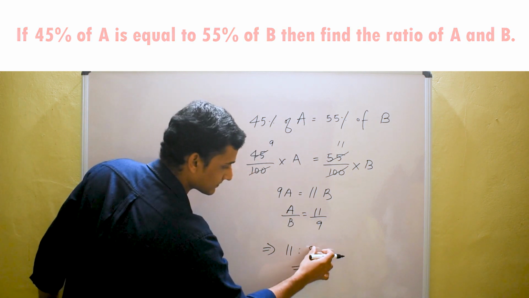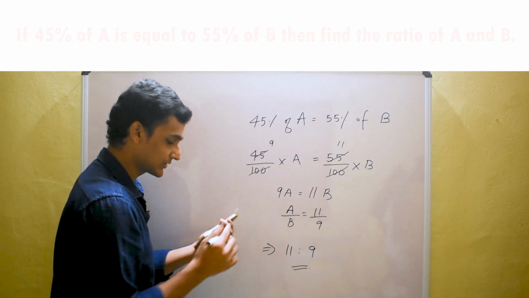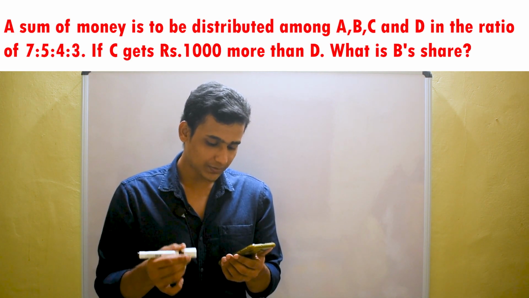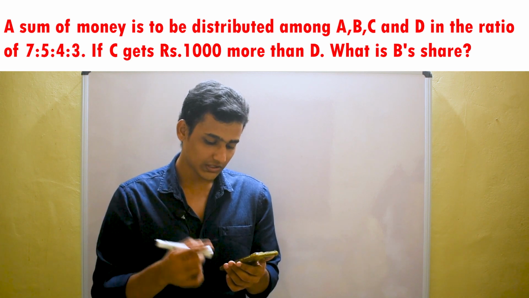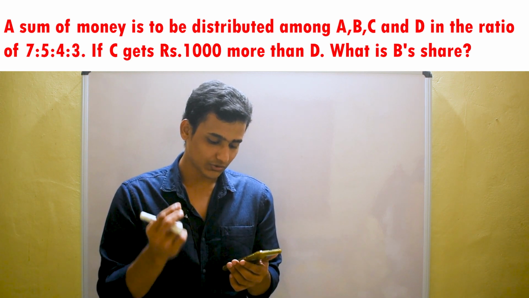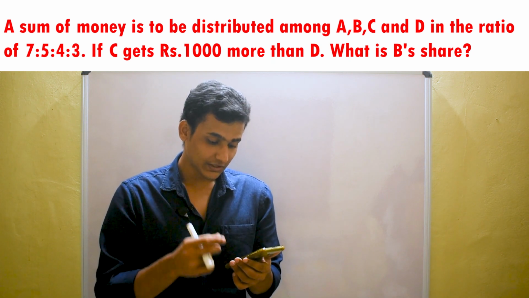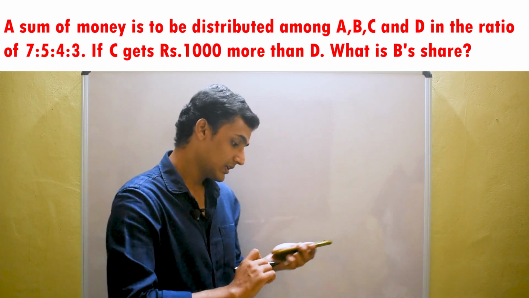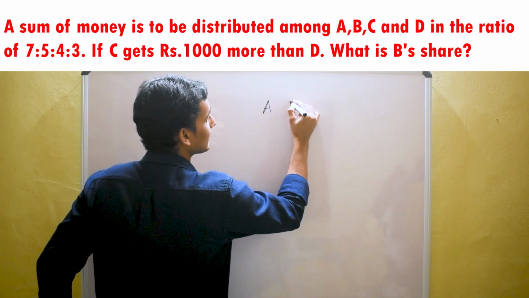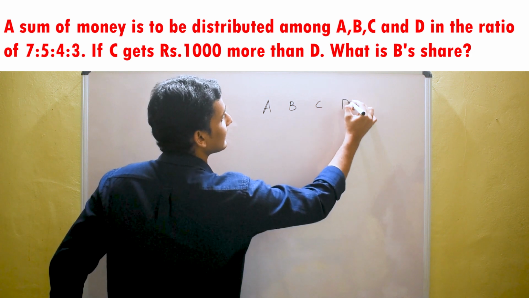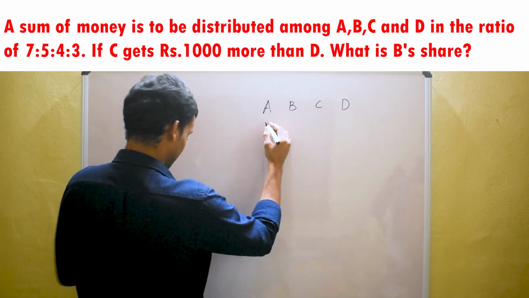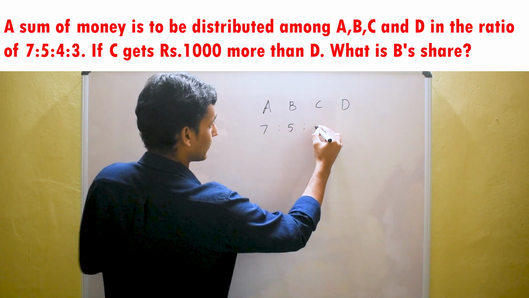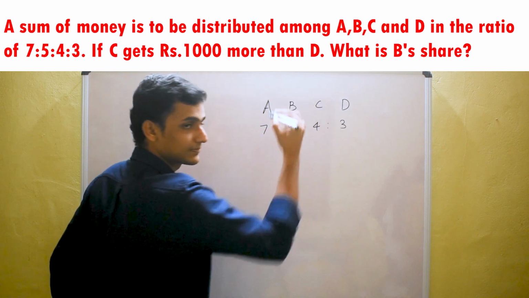Let's go for the next question. Let's see a different question. A sum of money is to be distributed among A, B, C and D in the ratio 7:5:4:3. If C gets rupees 1000 more than D, what is B's share? So here A, B, C and D, the ratio is 7:5:4:3.